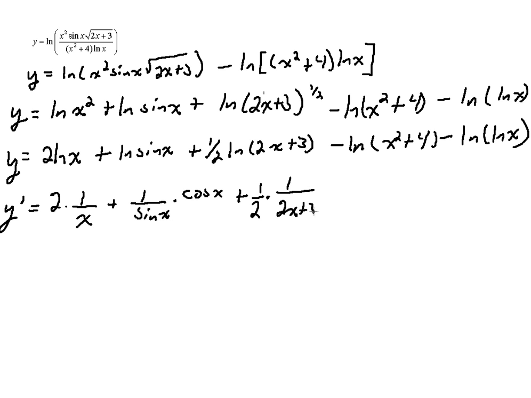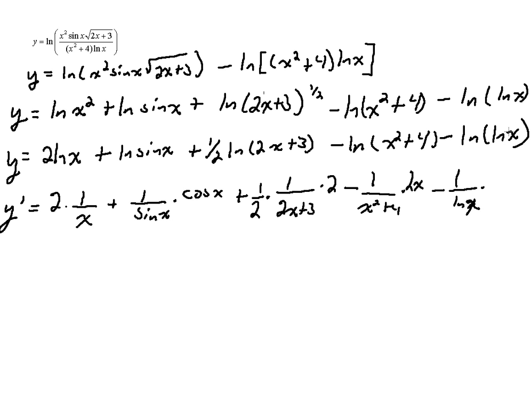And then same here, minus 1 over the argument, 1 over x squared plus 4, times the derivative of the argument, which is 2x, and then minus 1 over the ln of x times the derivative of the ln of x, which is 1 over x.